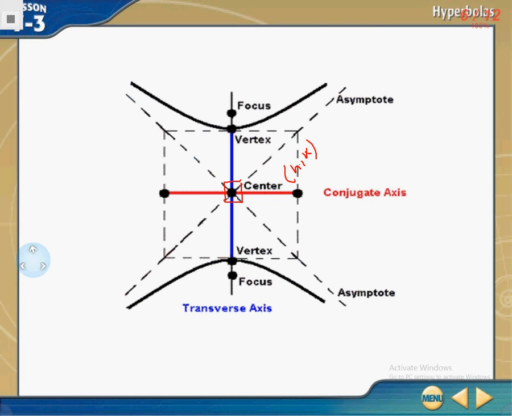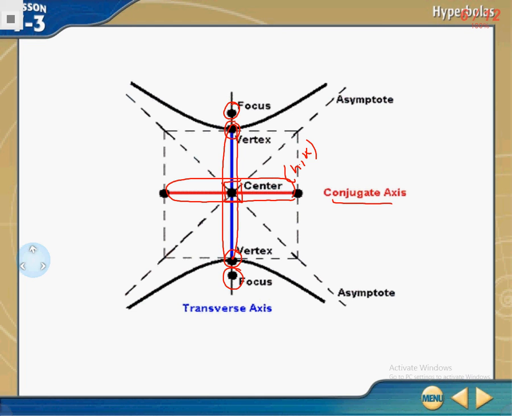We have vertex 1, vertex 2, focus 1, focus 2, or the opposite. The line that combines the two vertices, the blue one, is the transverse axis. And the line that is perpendicular to it, the red one, is the conjugate axis.